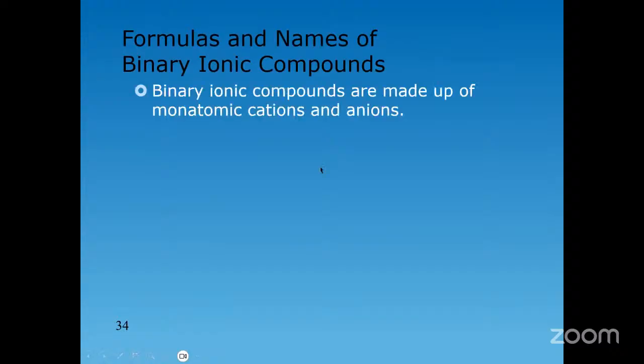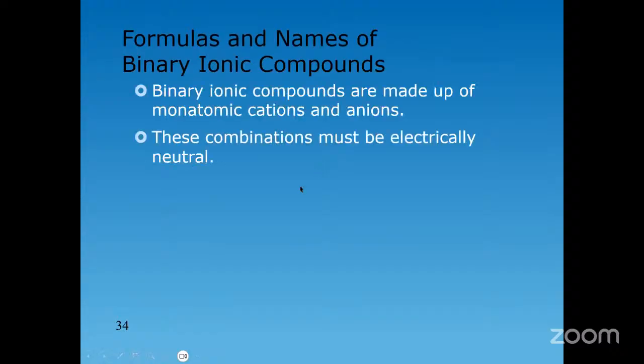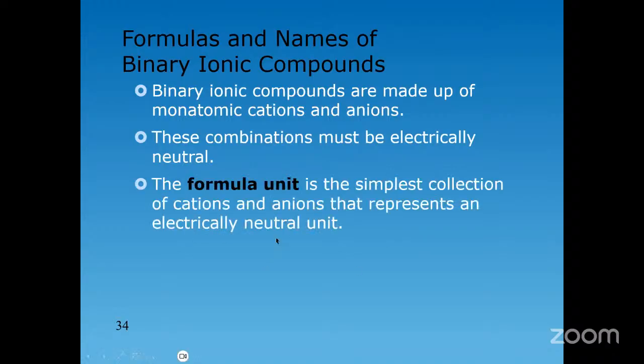Okay, so let's talk about binary ionic compounds, which is what we were just talking about. They're made up of monatomic cations and anions. The combination must be electrically neutral, which is what we saw in the examples earlier.